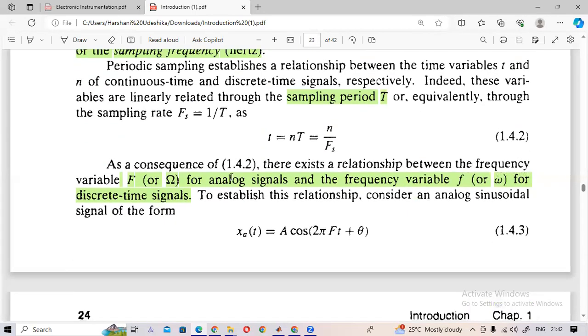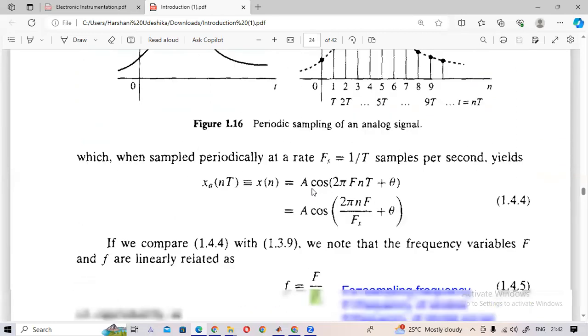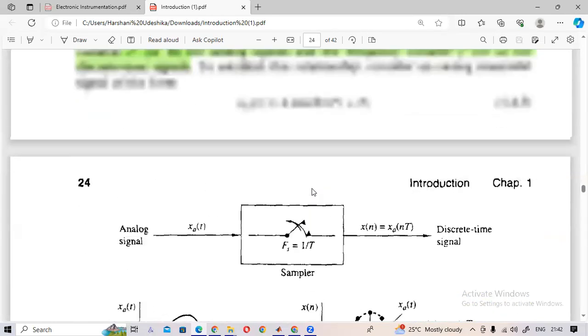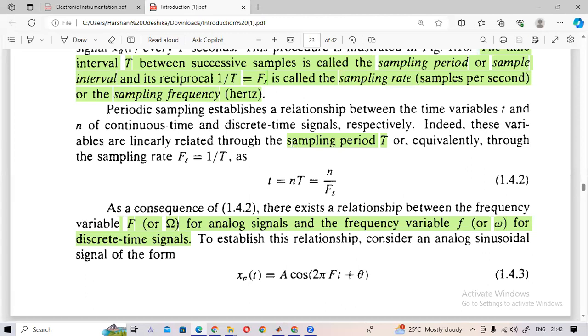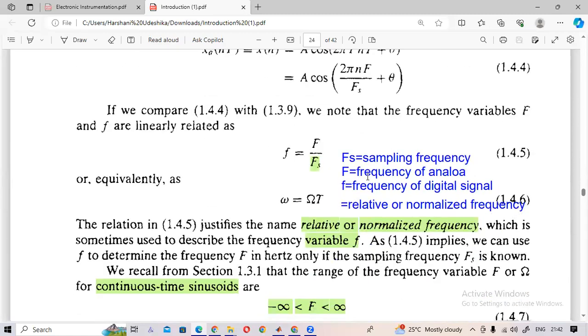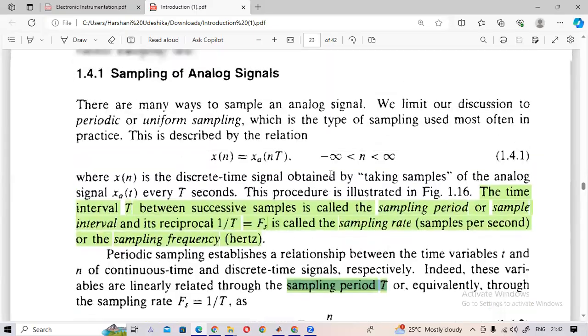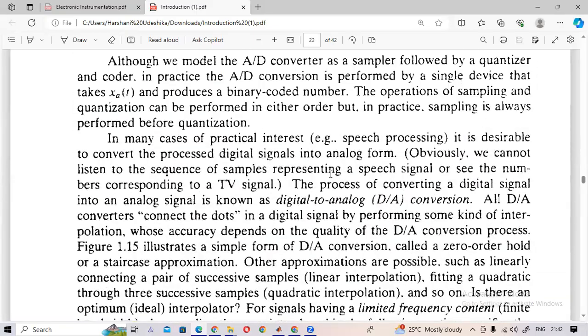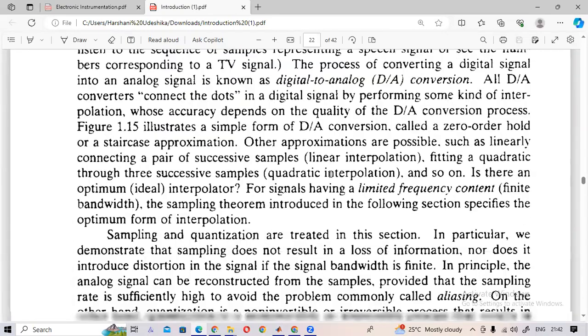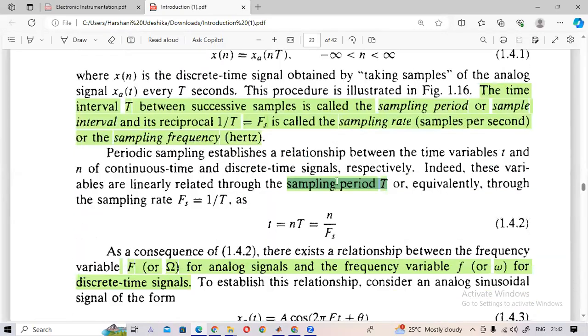So you can get the voltage sample with a certain period. That period is called the sampling time, or sampling period.